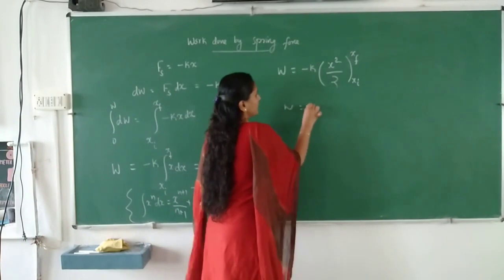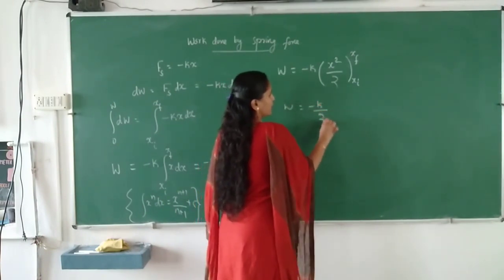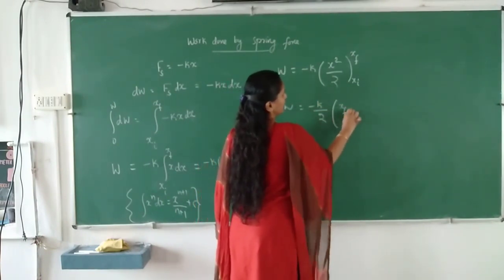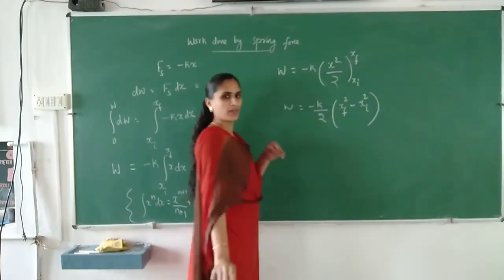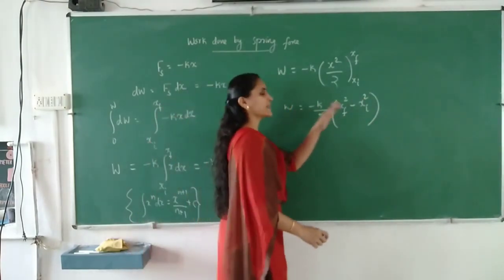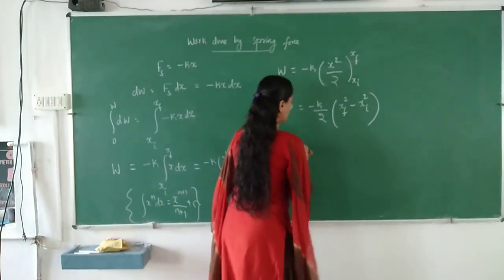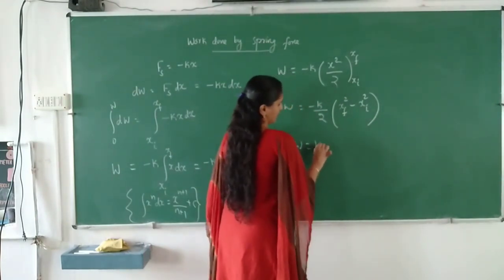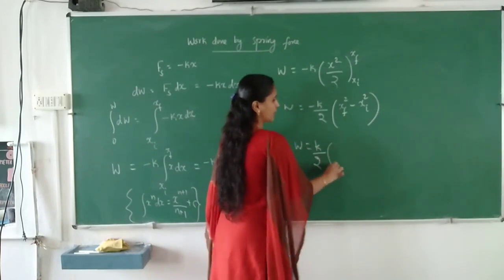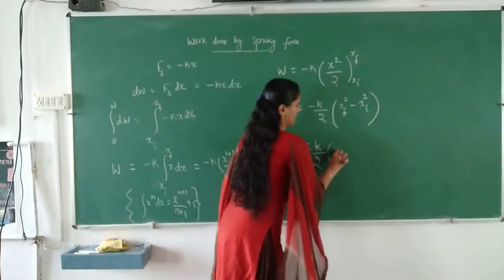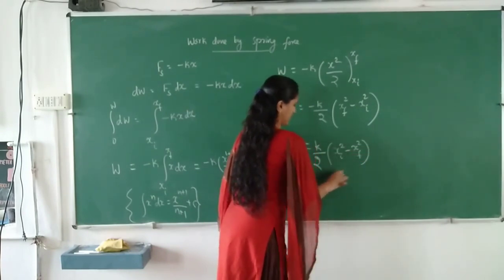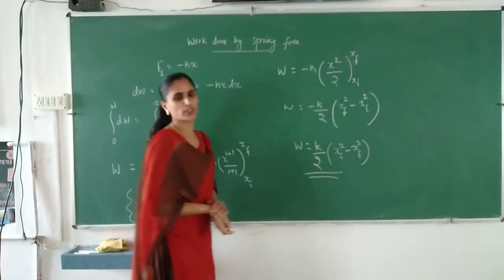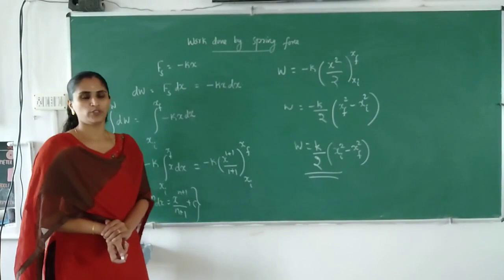You will get the work as minus k by 2 into xf square minus xi square, or if you take the minus sign inside, half k into xi square minus xf square. So this is the expression for the work done by the spring force.